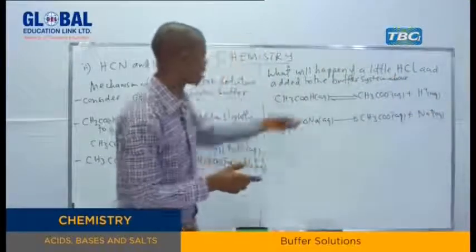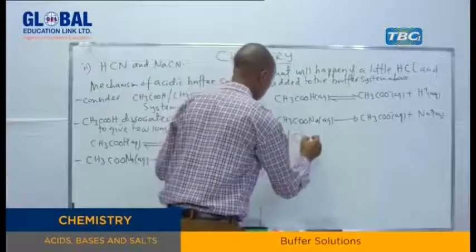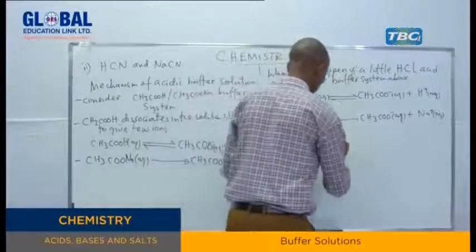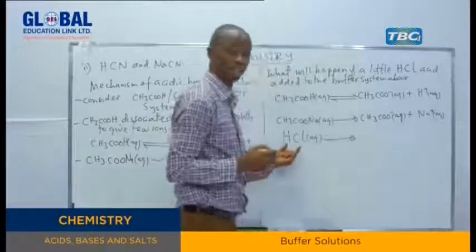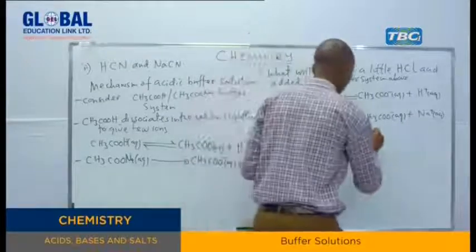Now from there, what happens if hydrochloric acid is added? Hydrochloric acid is a strong acid. This one will also ionize completely to produce hydrogen ion and chloride ion.